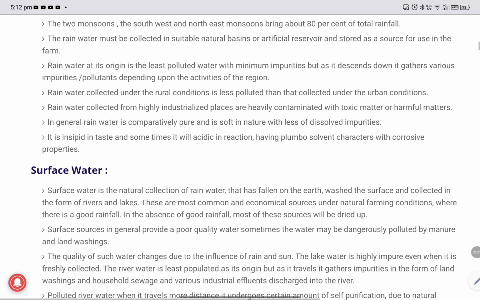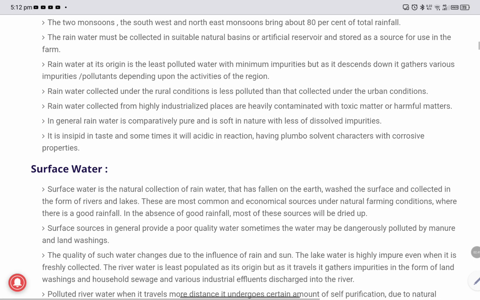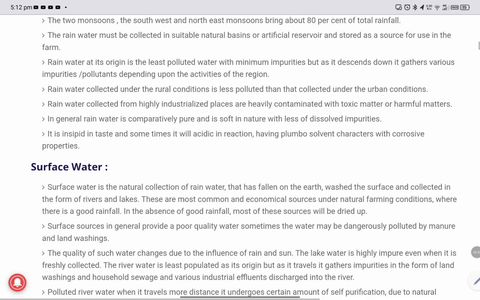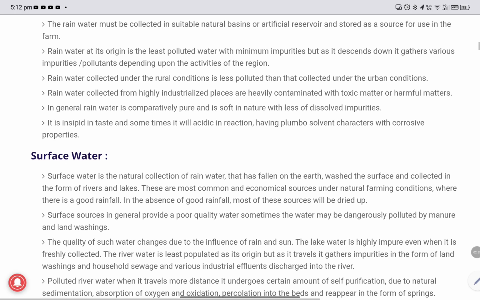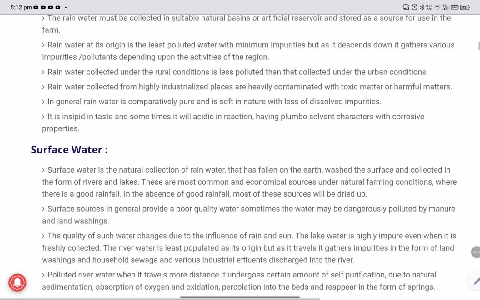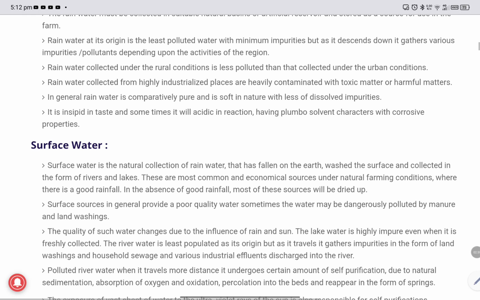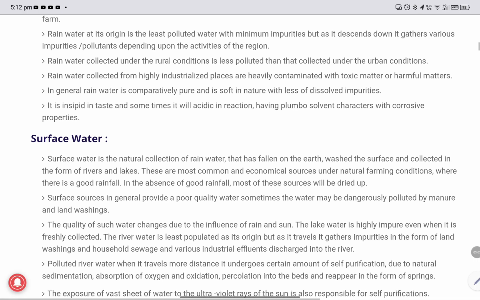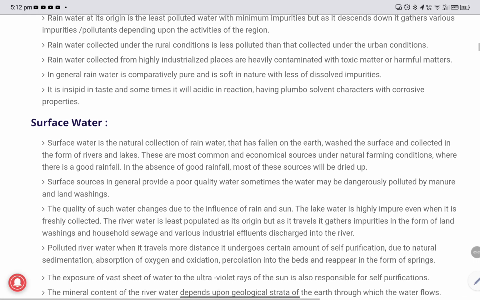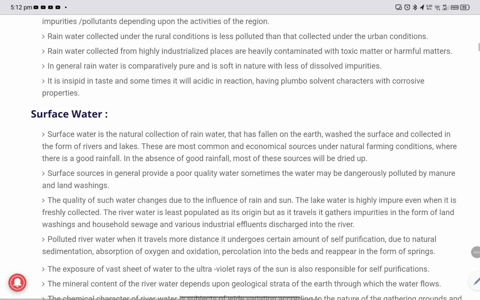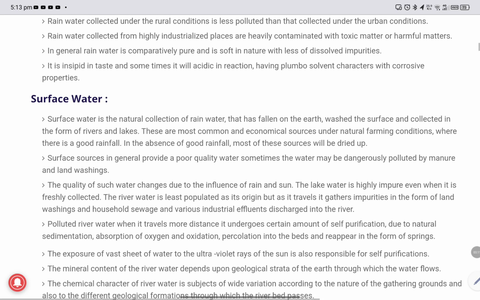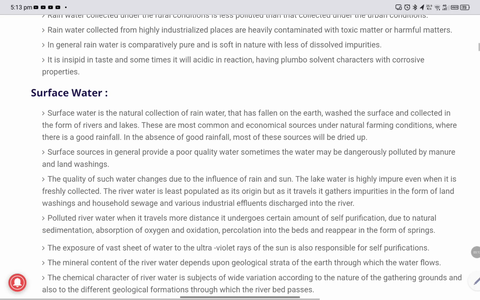Rainwater collected from highly industrialized places is heavily contaminated with toxic or harmful matter. In general, rainwater is comparatively pure and soft in nature with fewer dissolved impurities. It is insipid in taste and sometimes acidic in reaction, having plumbosolvent characters with corrosive properties.